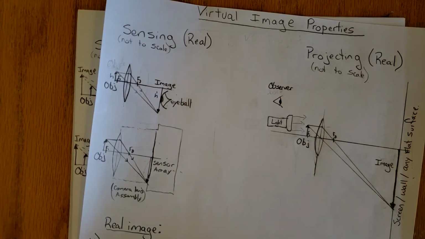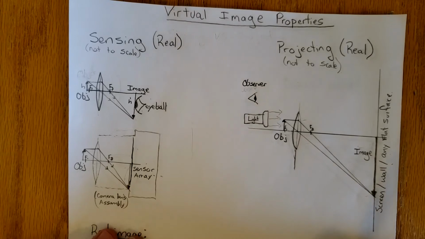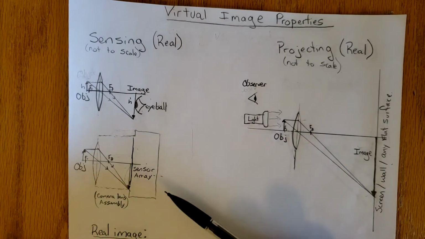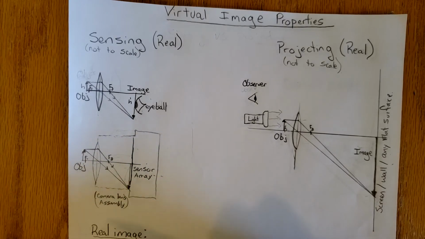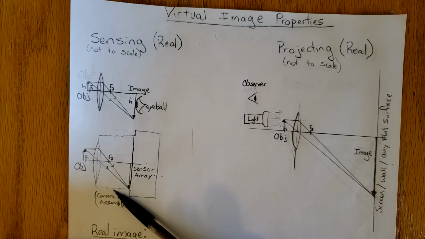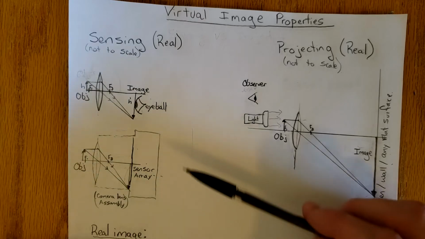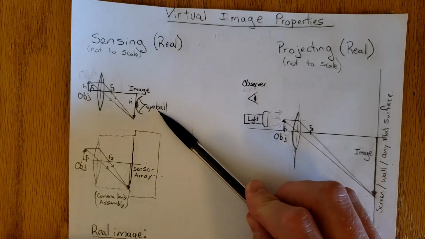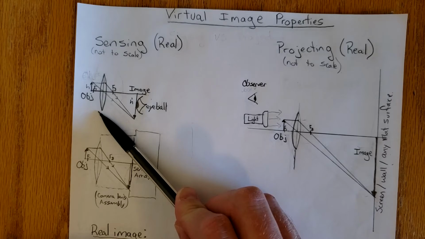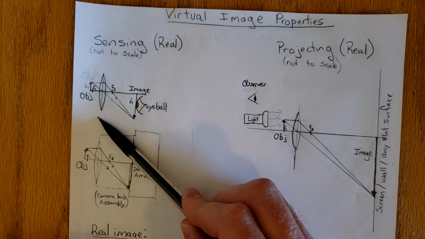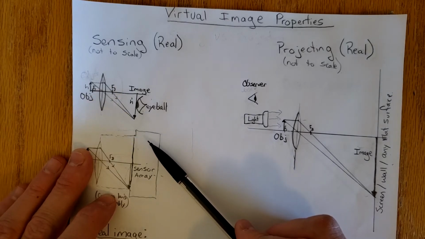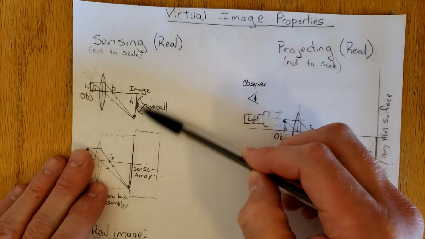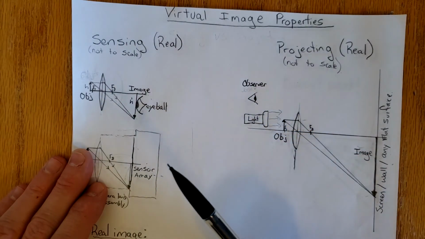Now I'd like to take a minute to talk about differences in how you'd actually view the image. I've already said that a camera sensor array is essentially interchangeable with your eyeball, but the full camera is not necessarily interchangeable because it also includes one or more lenses already installed. So if you were trying to sense a real image with your eyeball, you'd probably have some free optic like a magnifying glass, and you just use trial and error to place the object and your head in the correct combination of distances from the lens that produces the sharpest upside down image, which is really difficult for a real image.